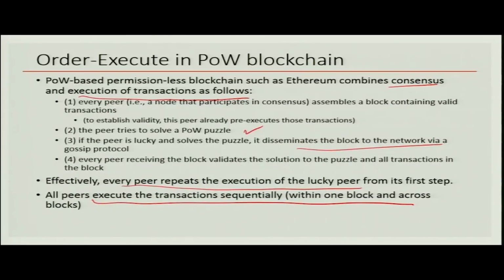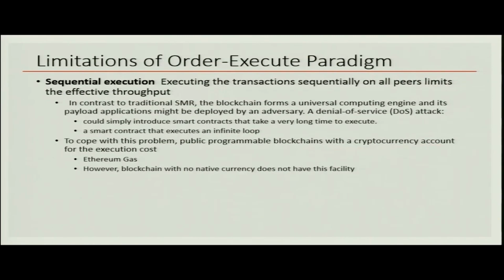Whereas here in Hyperledger, I can have parallel execution of transactions, and then I do ordering, and then I do the validation, and then after validation everybody updates their state. So, that is one advantage that Hyperledger has in increasing the throughput of the transactions.